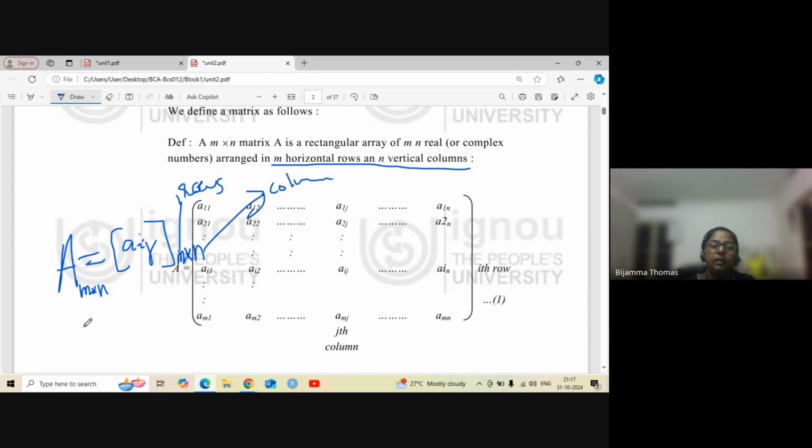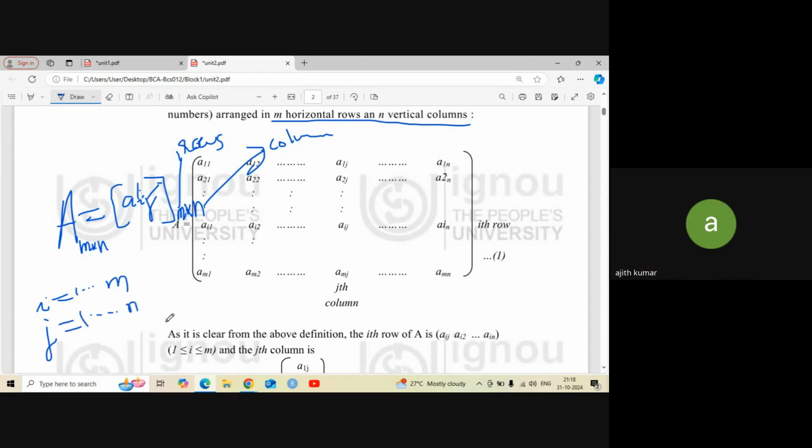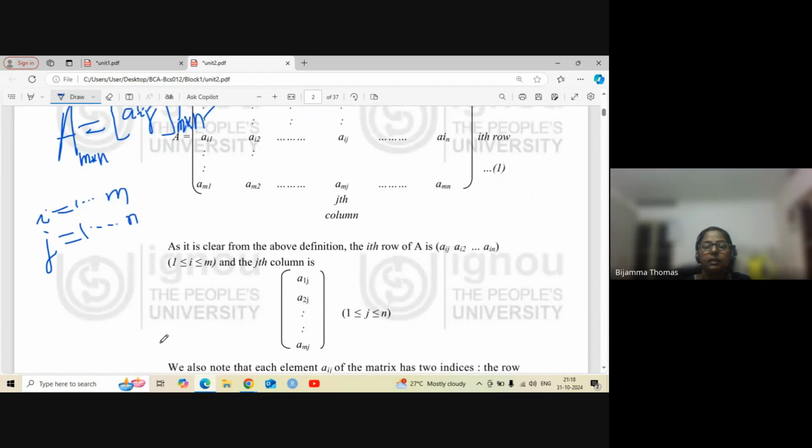That is, A = [Aij]. Here i stands for m, j stands for n. So i varies from 1 to m, and j, the number of columns, varies from 1 to n.